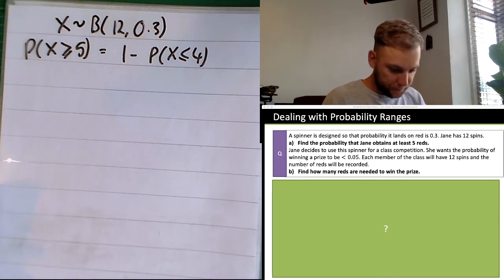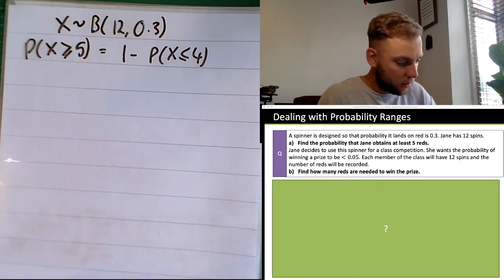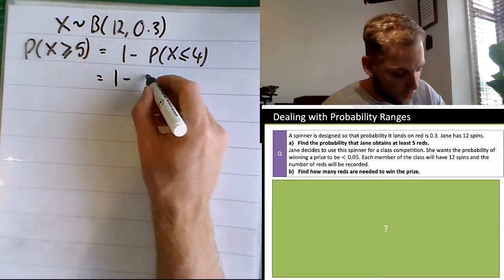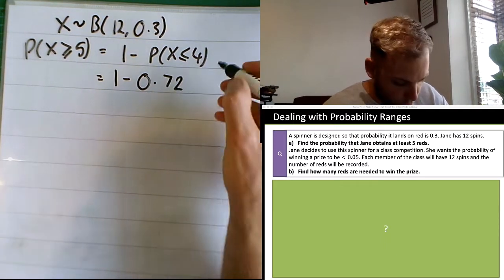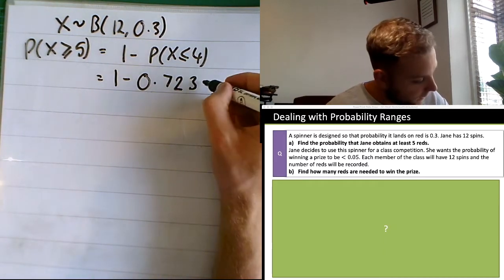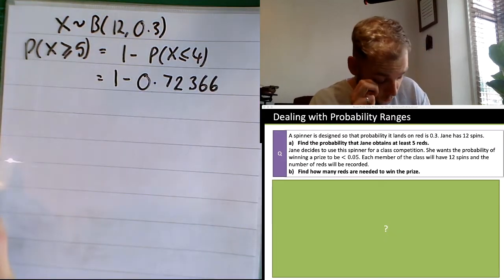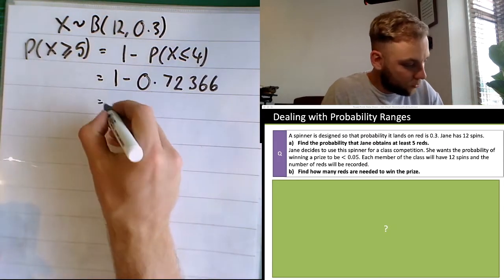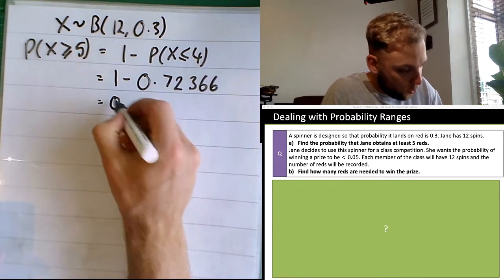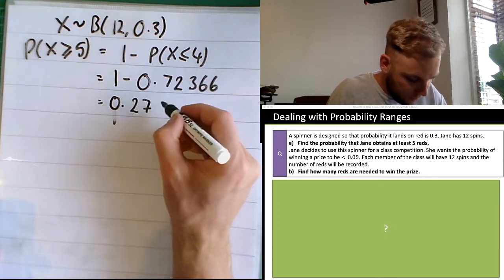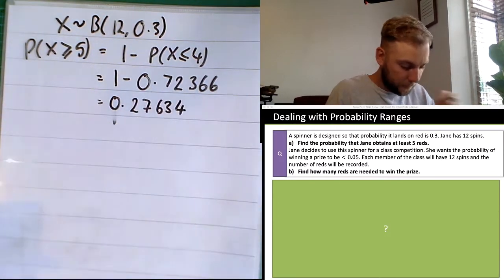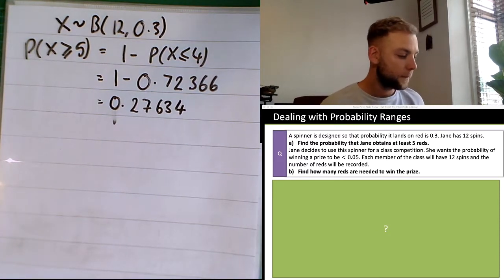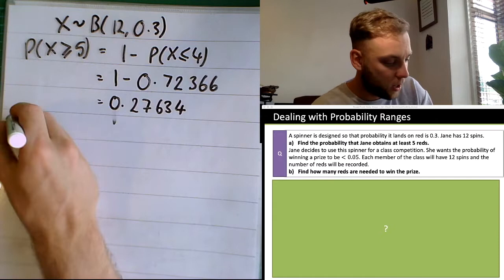X in this case is 4. The number of trials is 12. Probability of success is 0.3. So we get 0.72366. Then 1 minus my answer is equal to 0.27634. Brilliant.